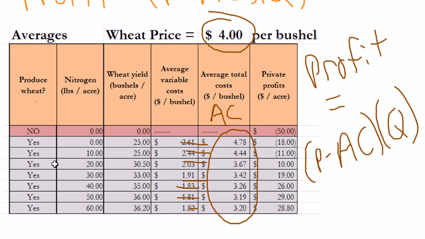And indeed, that is the case. Whenever average cost falls below the wheat price, falls below $4, our profits are indeed positive. And once we start changing the wheat price, we'll see why that can be particularly important.